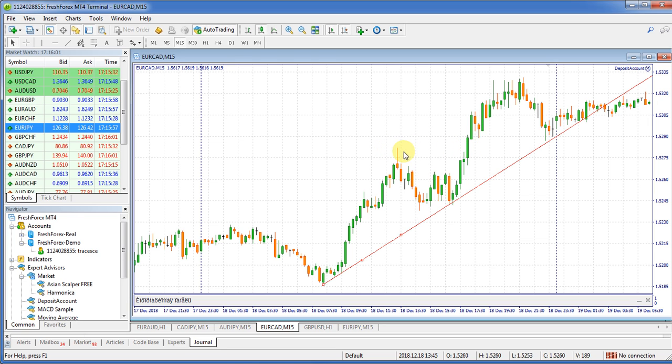Let me try to put a straight line here. At this point, you should put your stop loss just above this point, because you know that when it is here, it's going to break this line. Why? Because that's the height of a previous level of a trend. So you just know that it will pass this point.